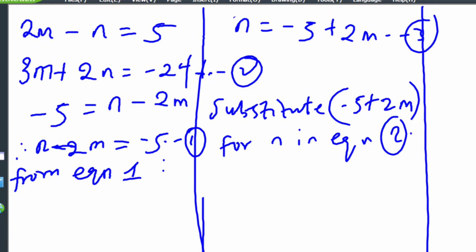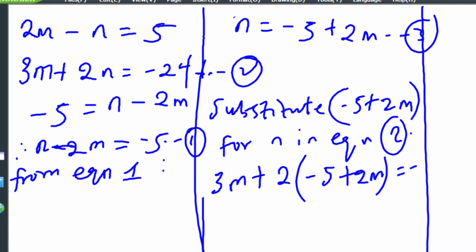So, let's go back to equation 2. Equation 2 says 3m plus 2n, and what's our n? Minus 5 plus 2m, equals minus 24. So we have 3m plus 2 times minus 5 plus 2m. Plus times minus is minus, 2 times 5 is 10.